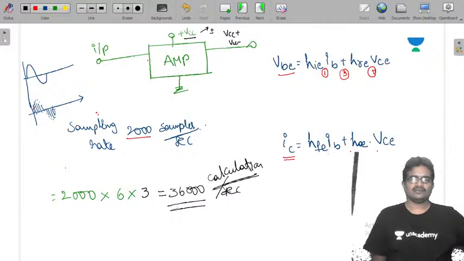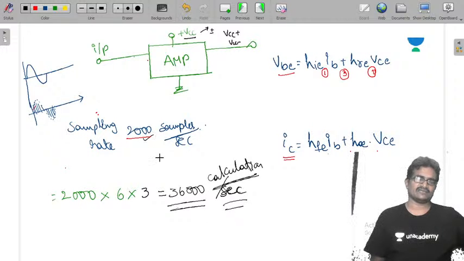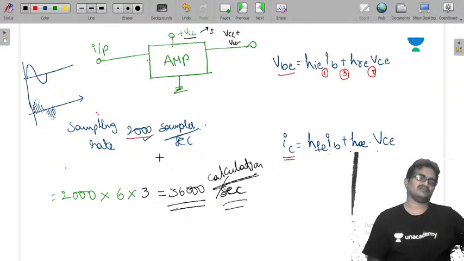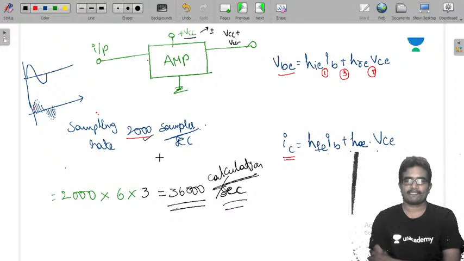See this. Okay, if sampling rate is increasing, 2000 samples per second is not that efficient one. Practically you are taking 5000 samples, 10,000 samples, like that. In that case, number of calculations are going to be increasing.